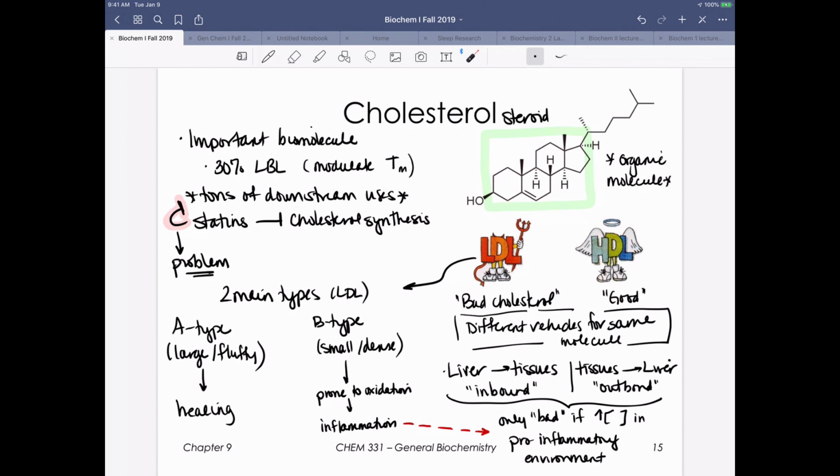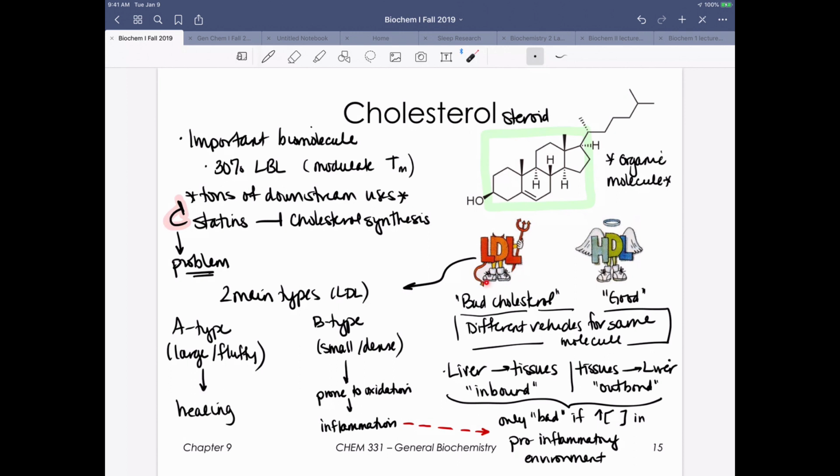So again, we'll take a little bit of a deeper dive with that with some take-home questions. No one really argues that HDL is a good cholesterol carrying species because of its direction to allow excess cholesterol to be removed from the body if needed. But I do want to highlight this fact that LDL gets a bad rap.